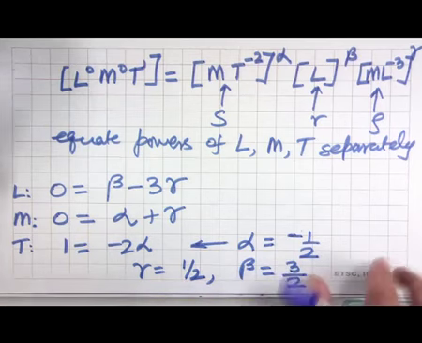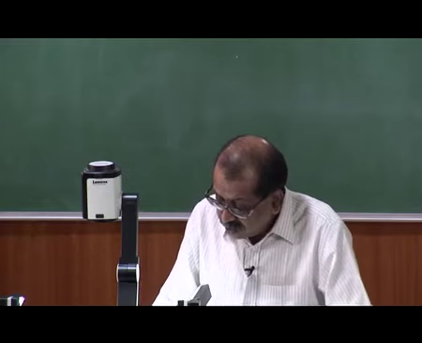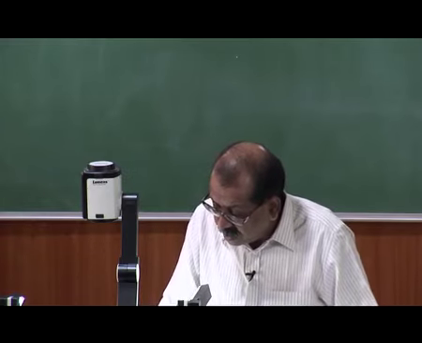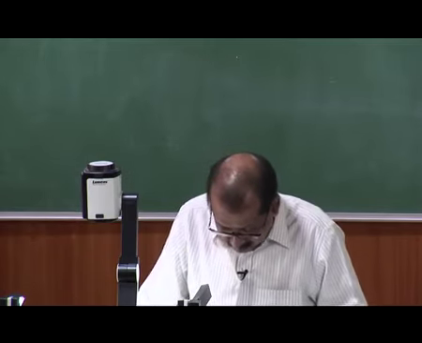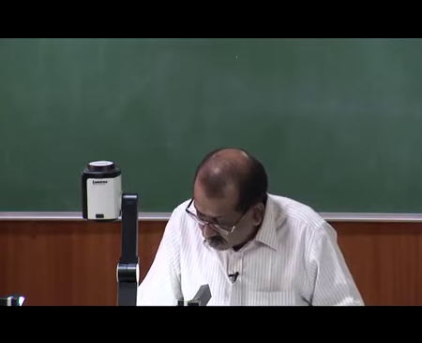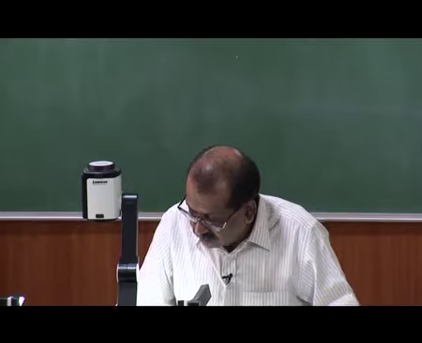Now we go back to the original equation. Our original equation was T is proportional to S to the power alpha, R to the power beta, rho to the power gamma. So, now we can write T is equal to K times S to the power minus half, R to the power 3 by 2, rho to the power half.